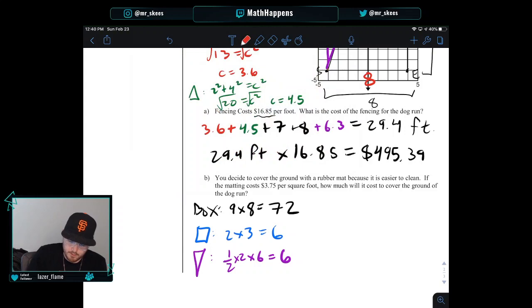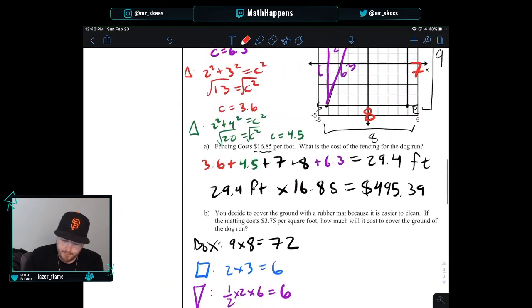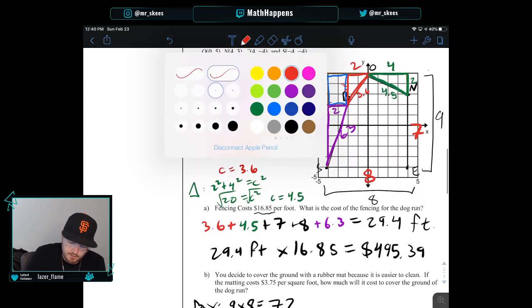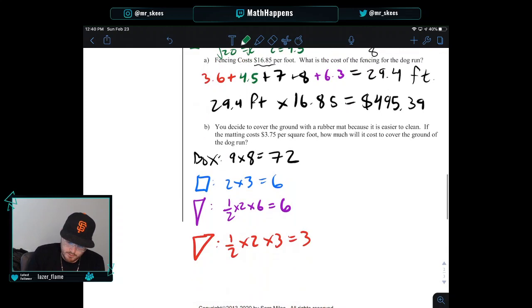And then the red triangle also looks like that, but it's a little boxier. And I just said it's 2 by 3. So 1/2 of 2 by 3 comes out to be 3. And then the green triangle is 4 by 2. 1/2 of 4 by 2 is an area of 4.